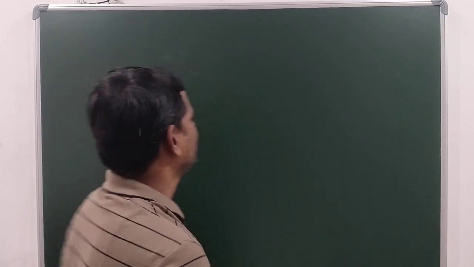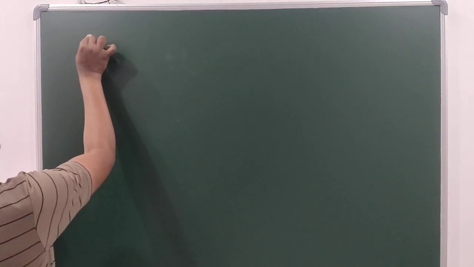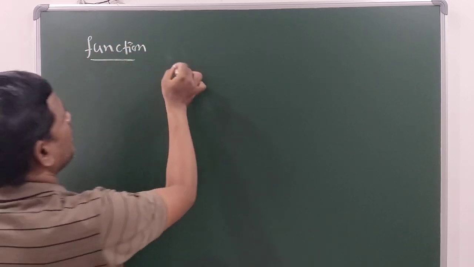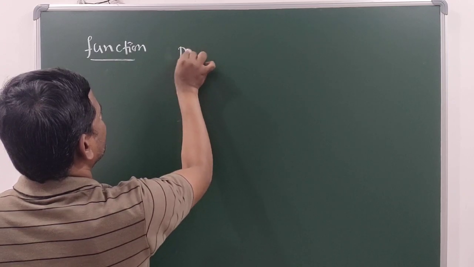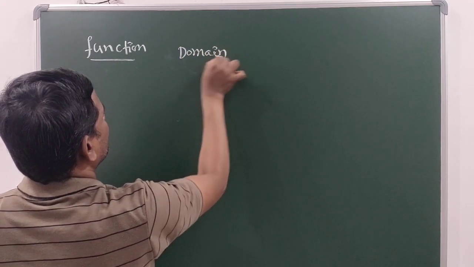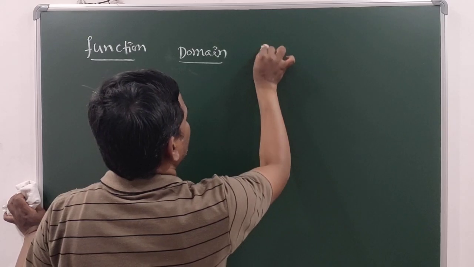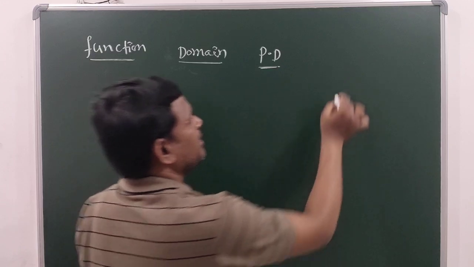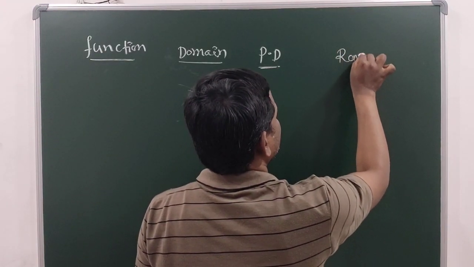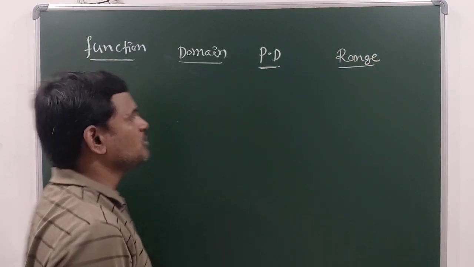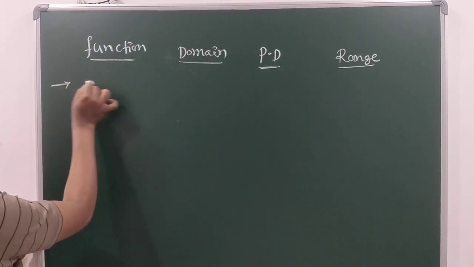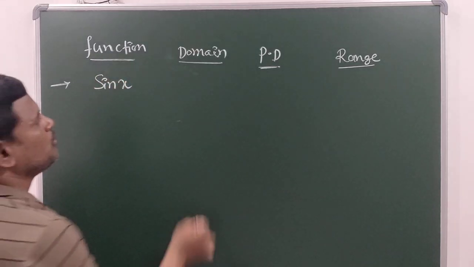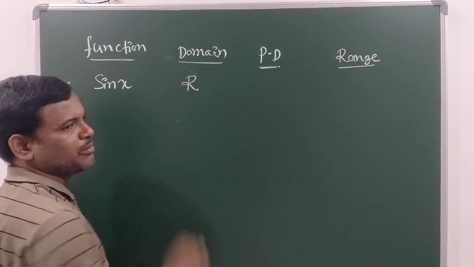Now let us observe the function and its domain, principal domain, here PD stands for principal domain, and range. The first function is sin x, whose domain is the set of real numbers.